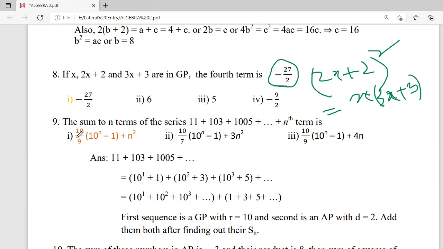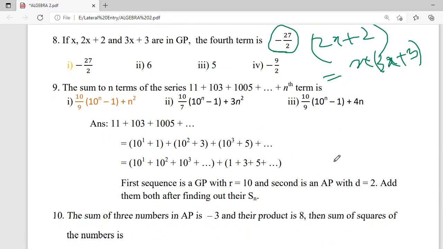Minus 72. The sum of n terms in series. So how it is coming, you see. So this you write as 11, 103, 1005, etc. So this you write as 10 plus 1, then 10 square plus 3, then 10 cube plus 5.